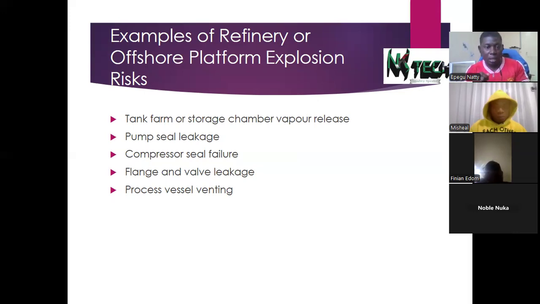Then you have your process vessel. Every vessel is going to have a vent and also a PSD. But the valve that was used to lock that vent can get corroded, and then you start having leaks. All these are things that will cause explosion if the equipment is not selected properly.